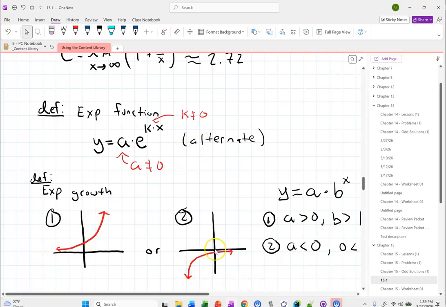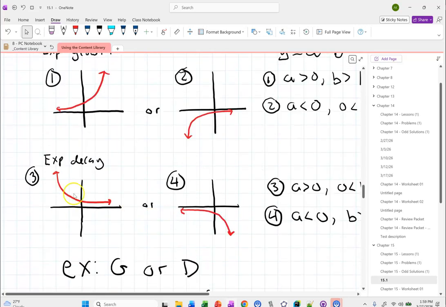Or this guy, we're increasing. And we call it exponential decay if it's decreasing as we go from left to right, which is what these two guys are. Everybody feel okay there? Now, it's really easy to tell growth versus decay by looking at the picture, but what we'd like to be able to do is tell growth or decay by looking at just the equation.